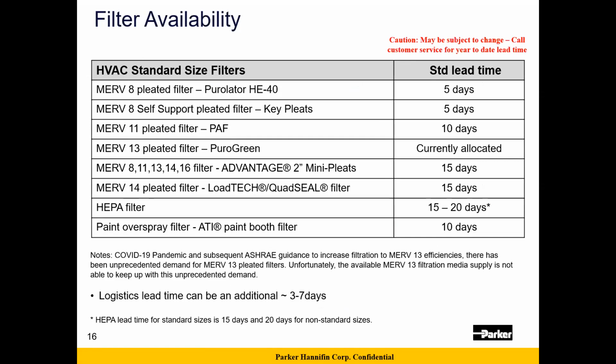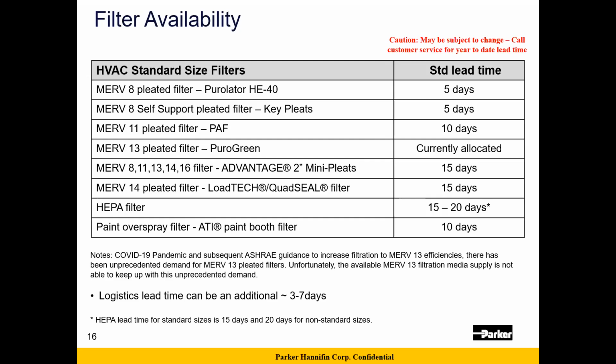To give you an idea of where we currently stand on our filter availability, MERV 8 filters, both in our self-support and our wire-back HE40, are available in the standard lead time of 5 days. MERV 11 pleated filters have a standard lead time of 10 days. On MERV 13, we are seeing a large amount of demand for that product.